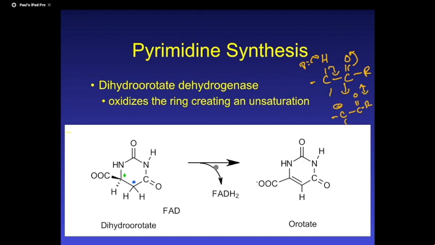If you are alpha to an acid, the only thing that you get is a negative charge there. Why can't you get a resonance structure?